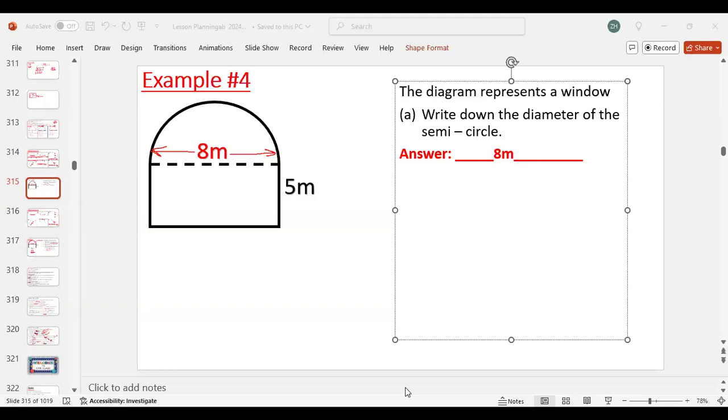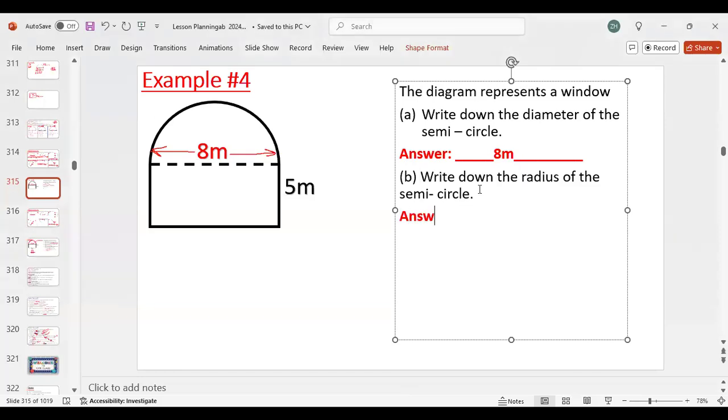So the next question is, what is going to be the radius of this semicircle? Put your answers inside the chat for me, please.